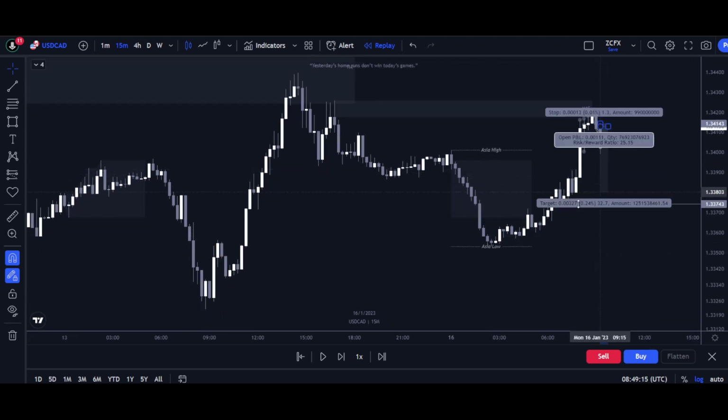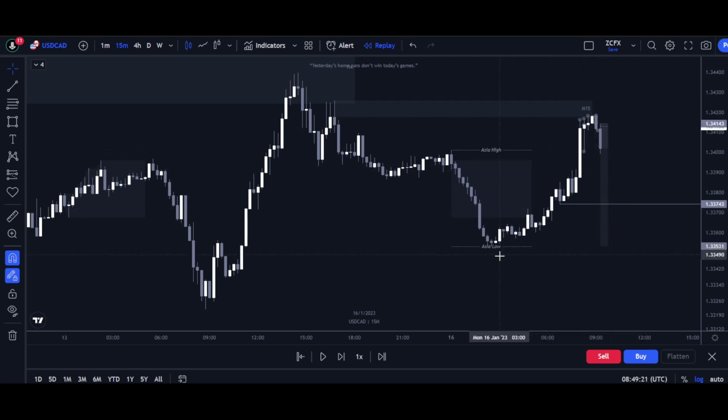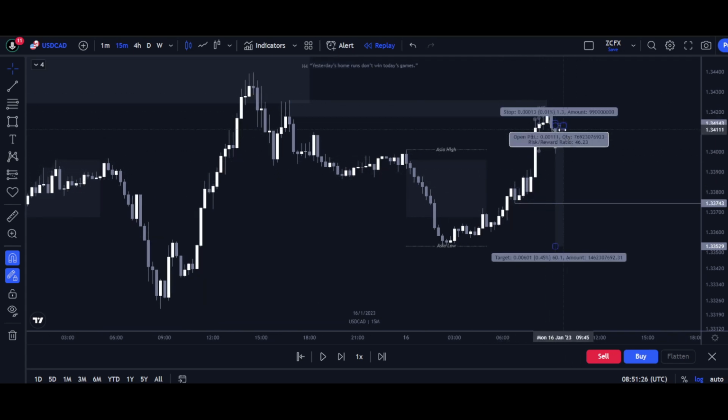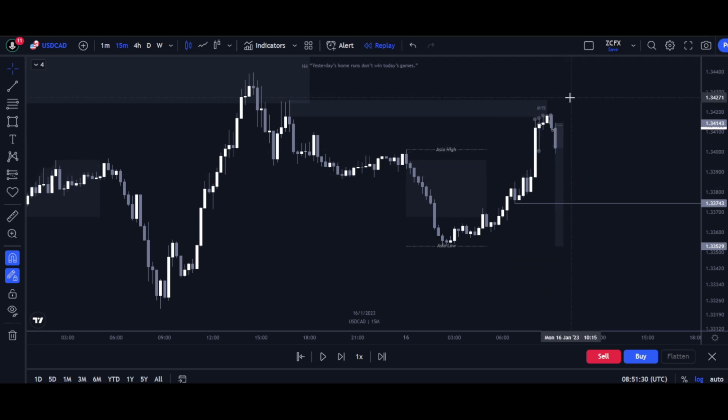For example, they target this here, but then they forget the ranges and price is bullish, so it has no reason to drop down here. So therefore, just remember the higher time frame ranges, because a lot of people will forget that, and then they'll see price drop a little bit into profit, and then they'll get taken out or break even or whatever.